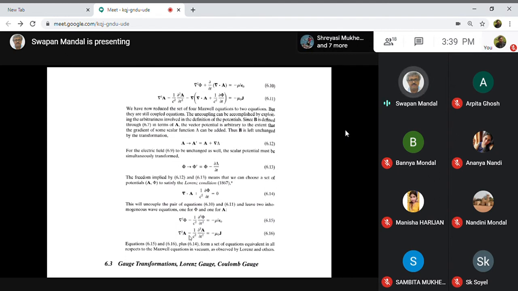Three components will come from your vector potential part, and the other part will come from your scalar potential. Of course, there is some algebra in between; I'm just telling you by looking at this equation. And certainly, you can demand that these equations will automatically fit in the special theory of relativity, because the four coordinates are appearing here.